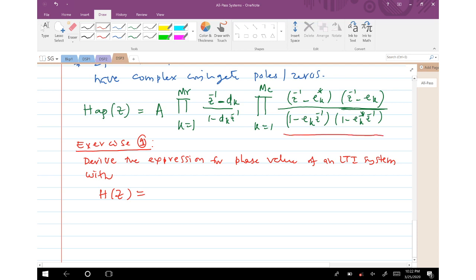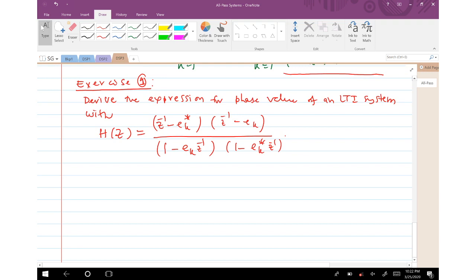Okay, just one pair is what I am considering here. z inverse minus ek conjugate multiplied with z inverse minus ek, divided by 1 minus ek z inverse into 1 minus ek conjugate into z inverse. This is the problem 1 for you.